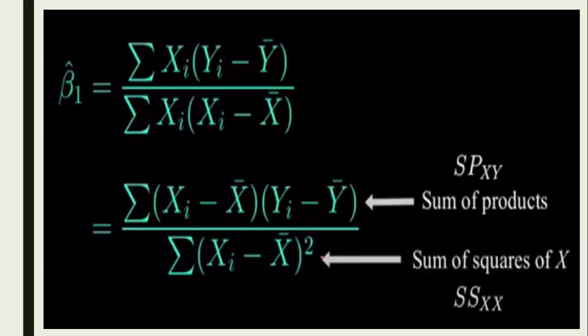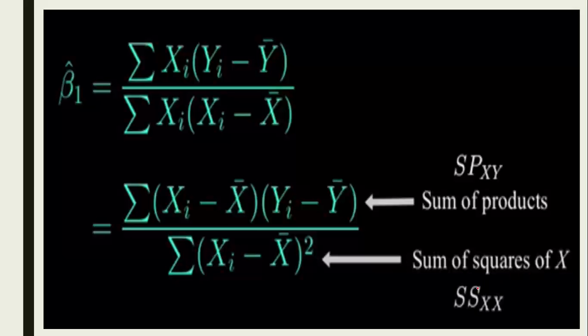In this formula, the denominator is the sum of squared deviations of x. That's the numerator of the sample variance formula. This one, that is sum of squares of x.